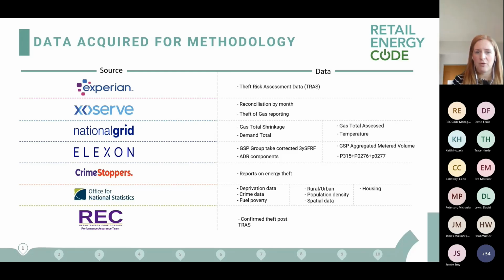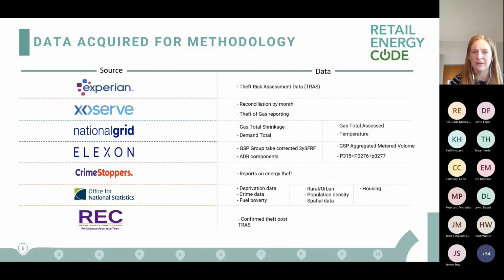We also had some of the XServe data, looking at the reconciliation by month. And then for electricity, for the Alexon, we looked at the metered volume data at GSP level.